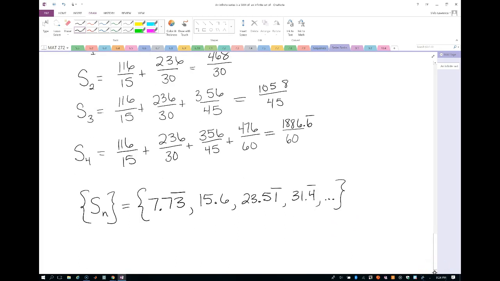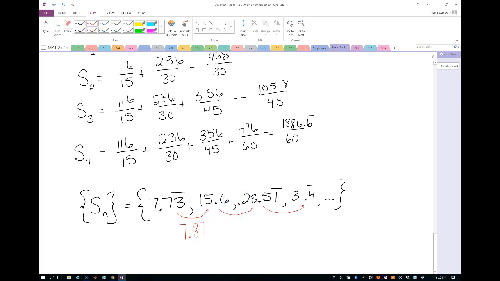I'm not going to spend an hour or so trying to get the exact nth term for this sequence, but one thing I do see is that as I move from term to term, I'm having to add more and more every single time. So if I look at the difference between each of these terms, the difference between 15.6 and 7.73 repeating, it's about 7.8 or 7.7 repeating, somewhere around there. Let's say 7.87.